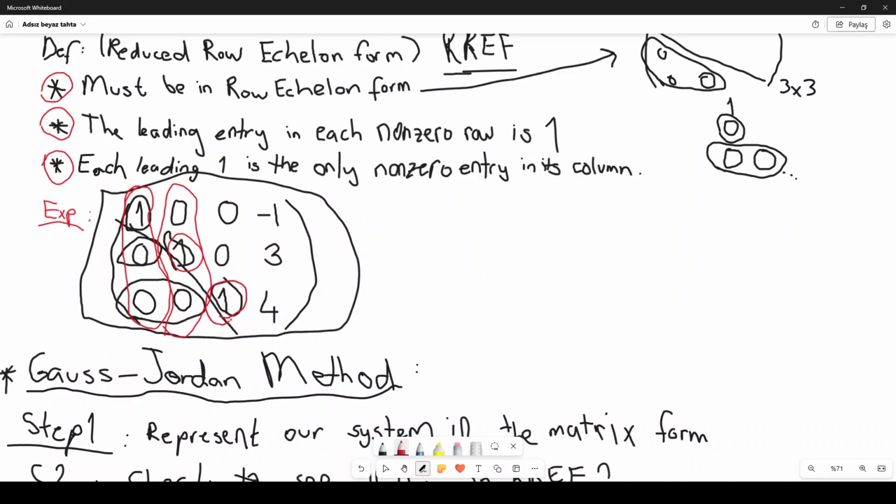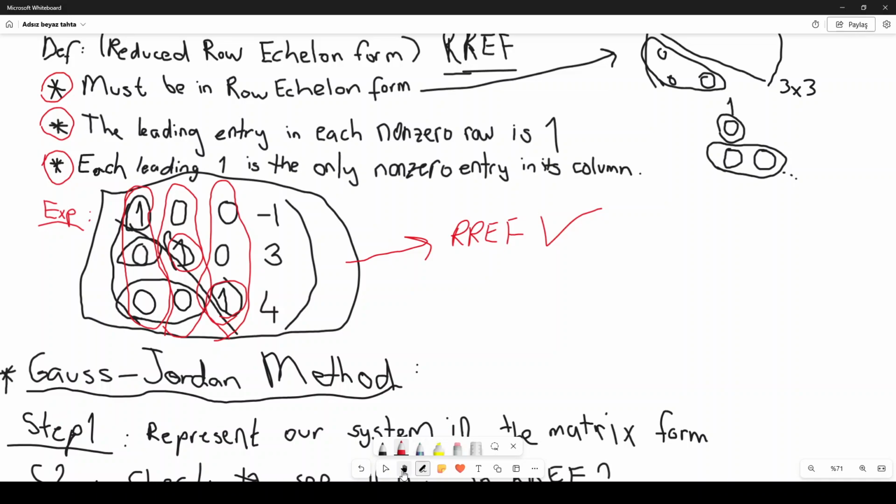The leading entry in the third row is 1 again, and if I look at its column, I see that all the values besides the leading entry are equal to 0, which means that all the conditions are satisfied. What it means is that this matrix is in reduced row echelon form. This is what a reduced row echelon form is, and this matrix satisfies all three conditions.